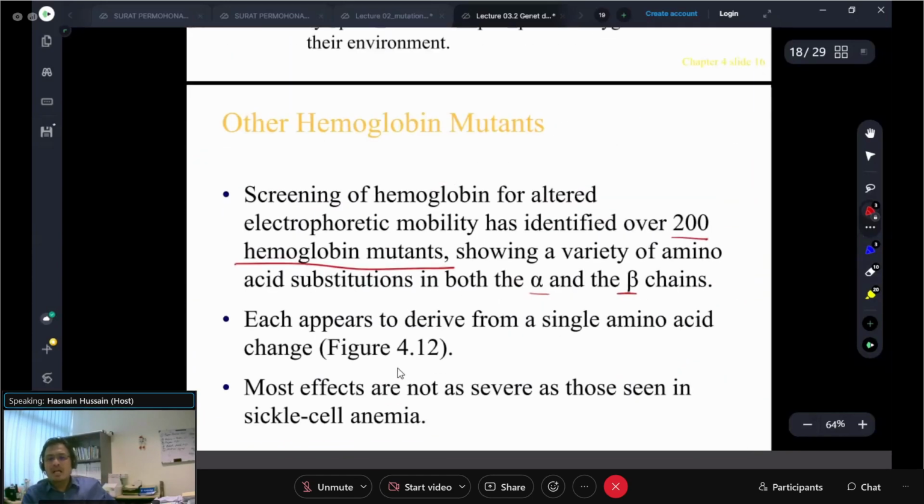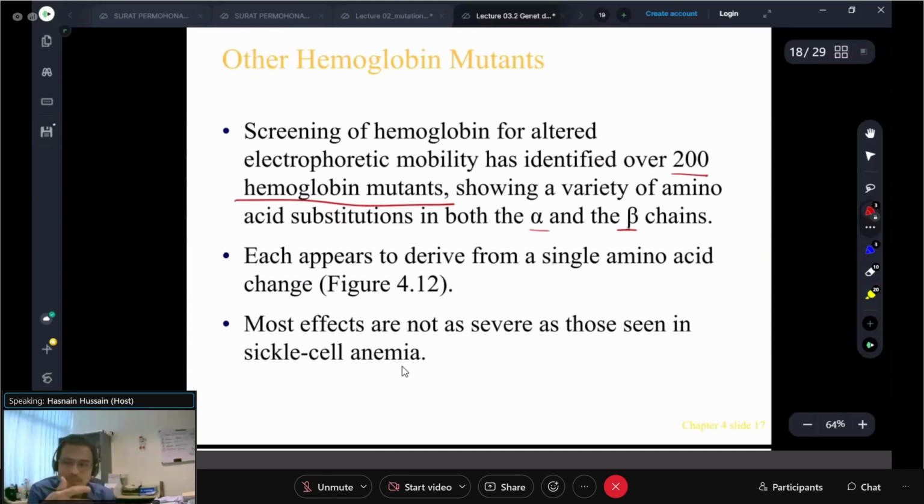So basically, sometimes an individual shows slight symptoms of anemia, but is not a full-blown sickle cell anemic person, right?